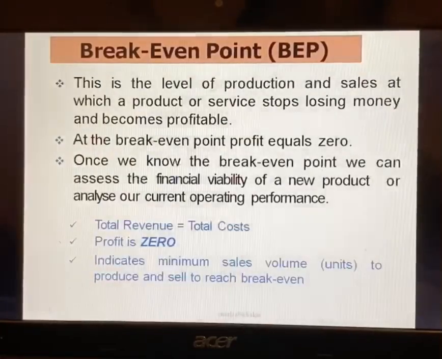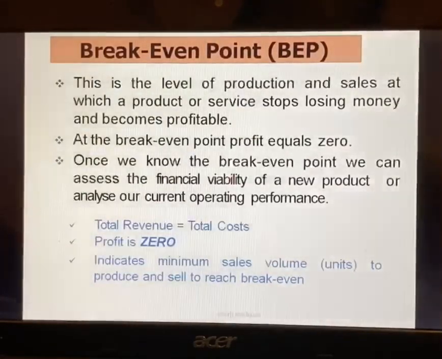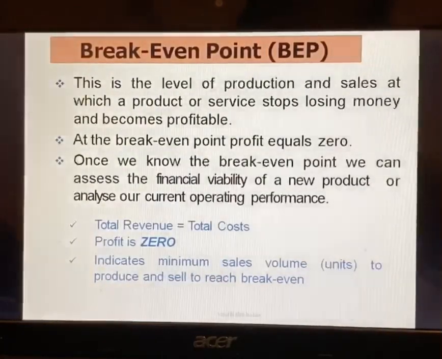Once we know the break-even point, we can assess the financial viability of a new product or analyze our current operating performance. So basically at BEP, the total revenue is equal to the total cost. So the profit is 0. It indicates the minimum sales volume in units to produce and sell to reach break-even.